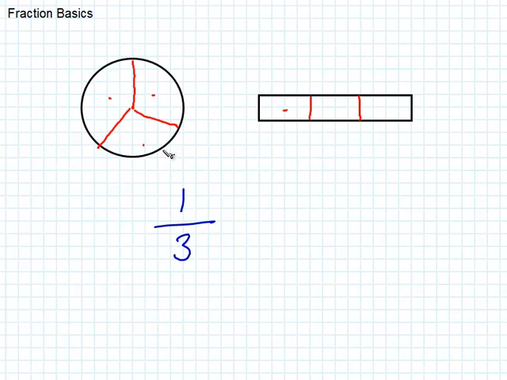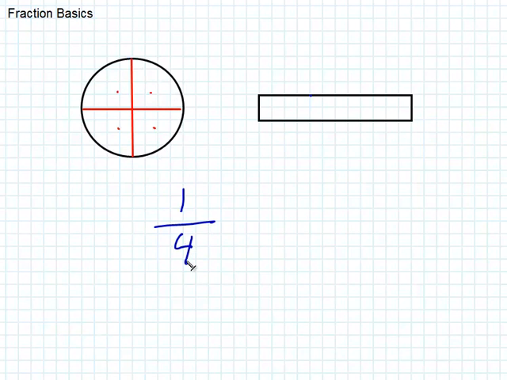Okay, so let's go for another one. This time, what if I want to go for a fourth? It means I have to divide this into 4 equal pieces. Okay, that's pretty easy to get right. 1, 2, 3, 4. Each of these is called a fourth. And notice the fourth is smaller than a third, which is smaller than a half.